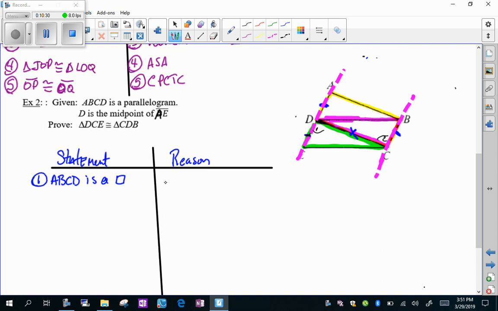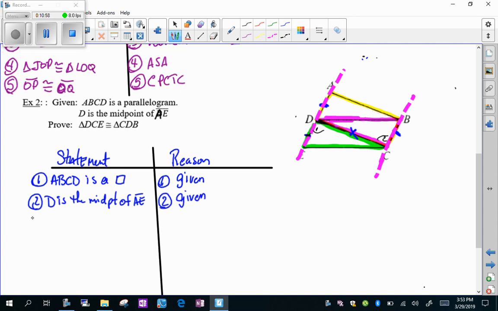All right, and that's given. 2, I'm going to write D is the midpoint of line AE, and that also is given.